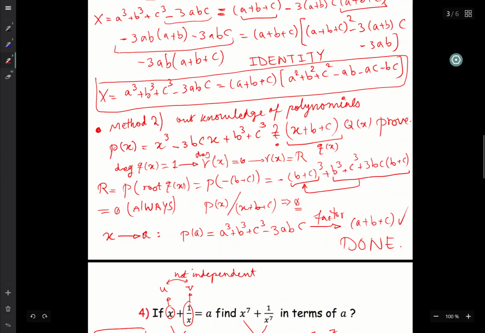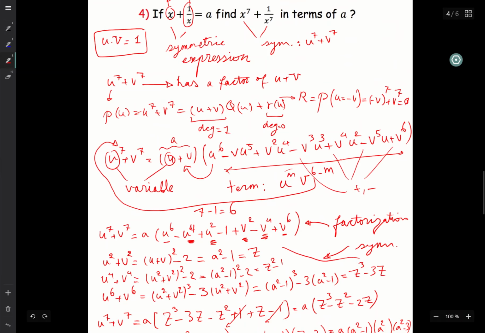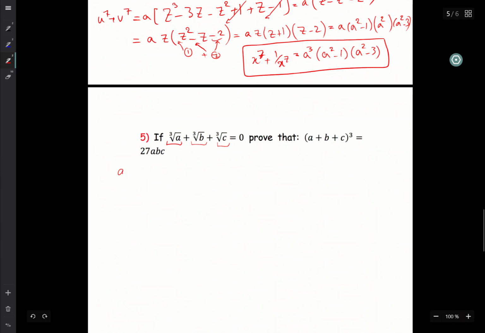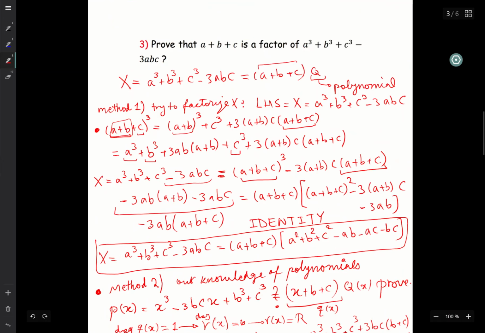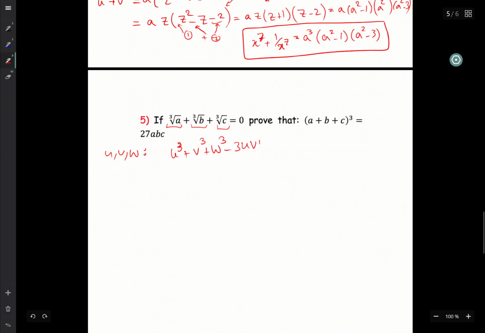If you recall that in problem 3, we proved that if we have three numbers, let's call them u, v, w, we showed that u cubed plus v cubed plus w cubed minus 3uvw has a factor of u plus v plus w, right?